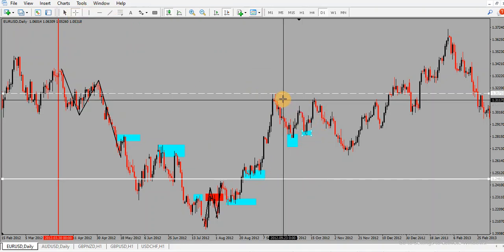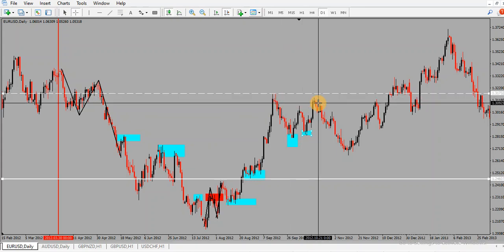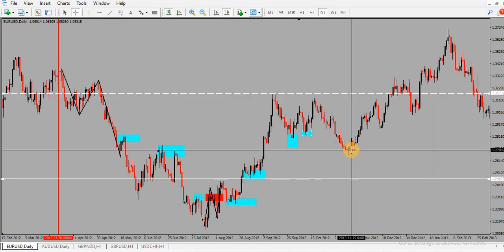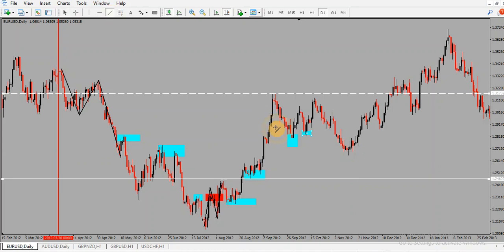As you reach here, we find that our price fails to go up, it goes down again, and then what happened here happens again. Price comes again, creating some new levels.